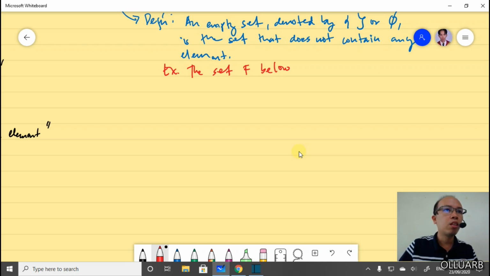The set F below is an example of an empty set.